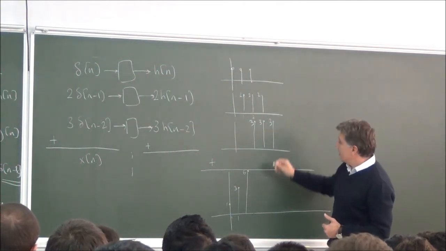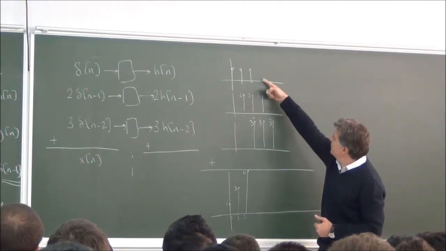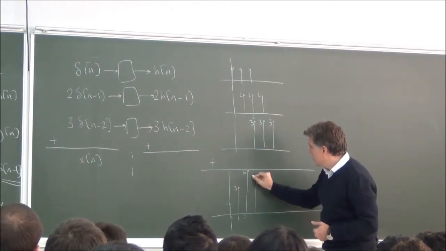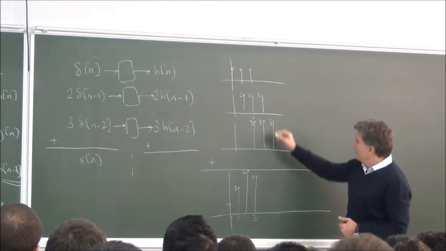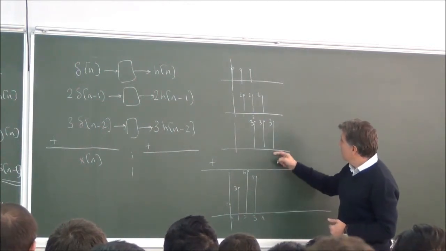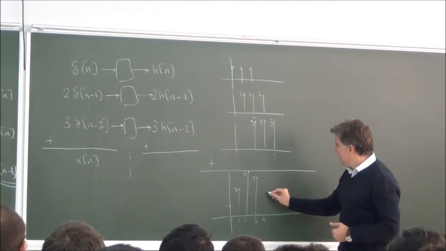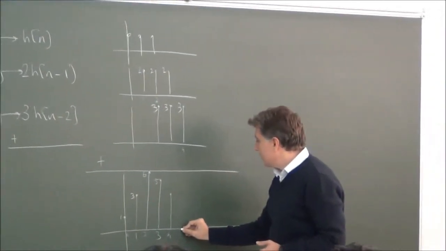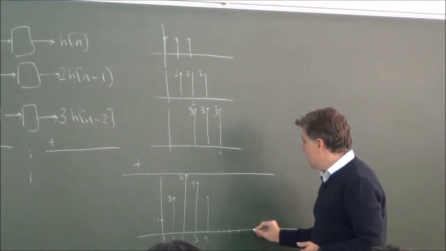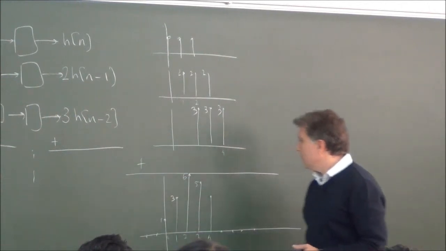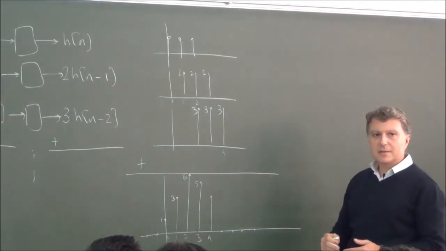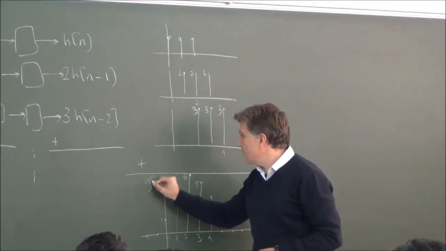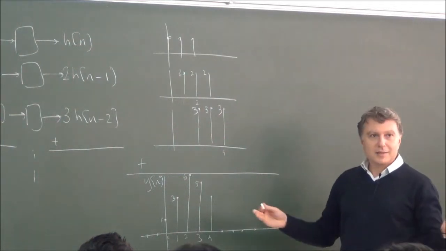And then at 3, we have nothing from here, but we have 2 and 3 from here, so it makes a 5. And at 4, we have only 3 here. And after that, we have nothing. Before that, we have nothing. Like this. So this is the expected result from your quiz. This is y of n. That's good.